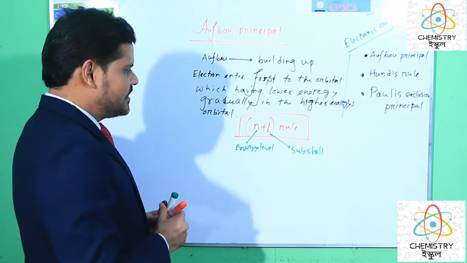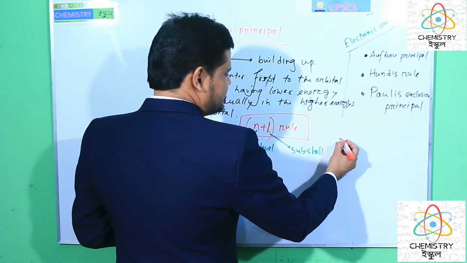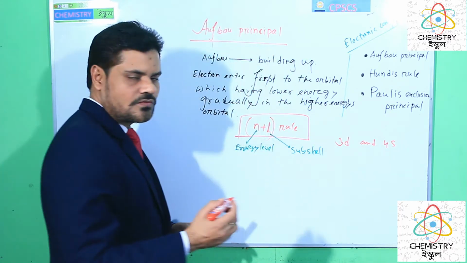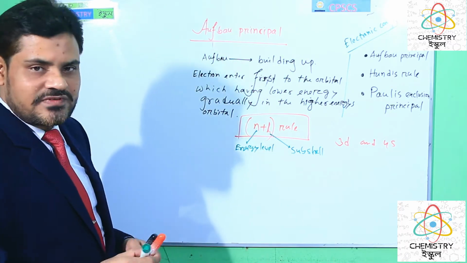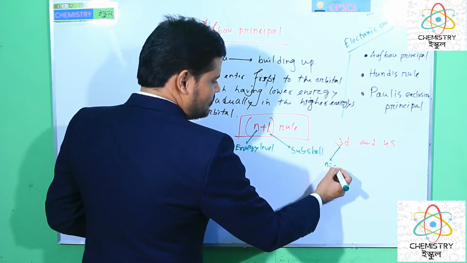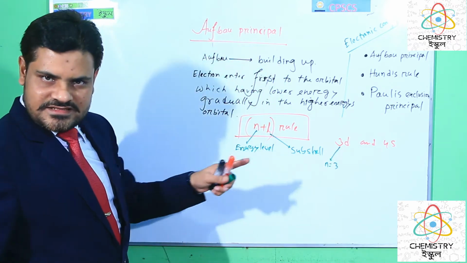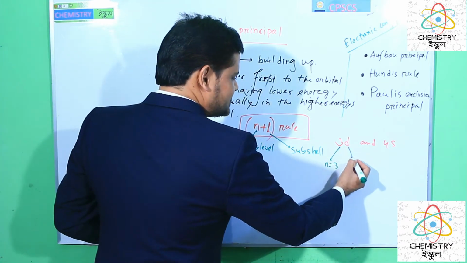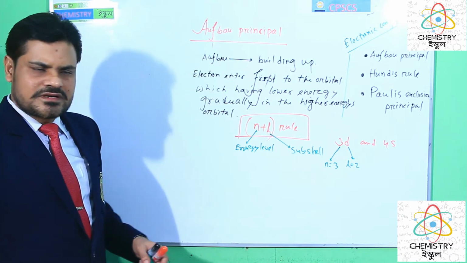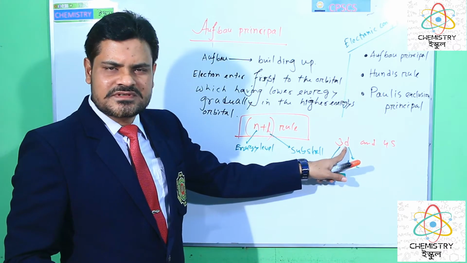Look at this. If I want to find out which of 3d and 4s has the lower energy, we can easily find out. Here 3d means the value of n is 3, and d means the subsidiary quantum number l is 2.